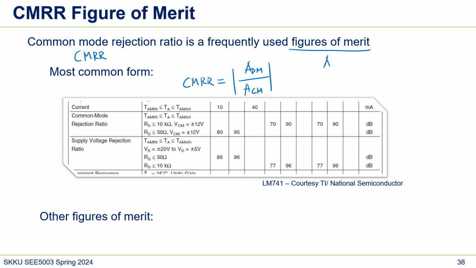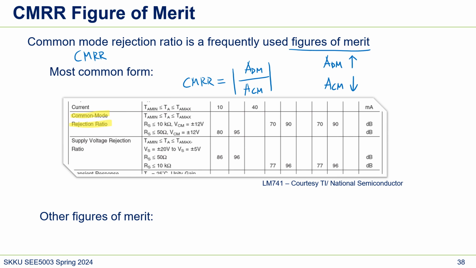So what we want is a large differential mode gain and a small common mode gain. So we like our CMRR large. These numbers are like 70 or 90 dB.